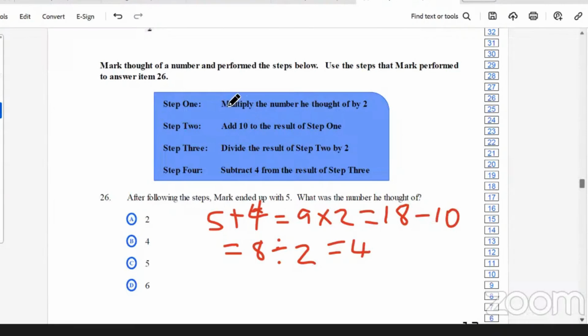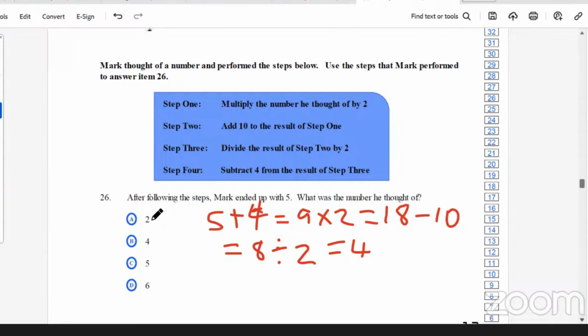So if I multiplied 4 by 2, that gives me 8. If I add 10 to it, that gives me 18. Then if I divide that by 2, that would give me 9. If I subtract 4 from 9, that gives me 5. So you didn't have to go through this step that I did. You could have simply gone through and seen if each of these numbers would work.